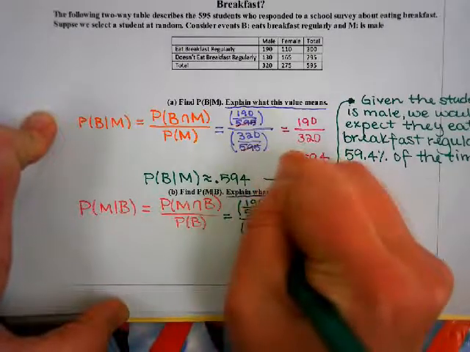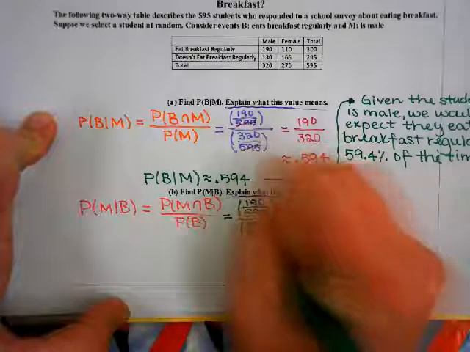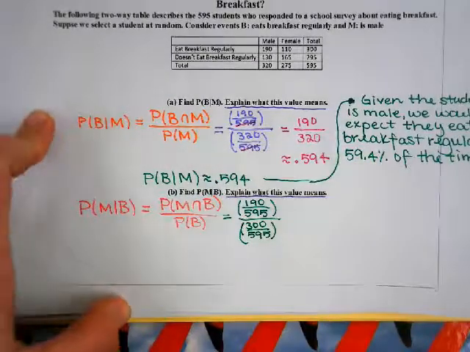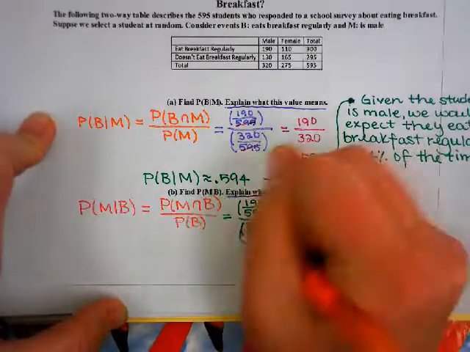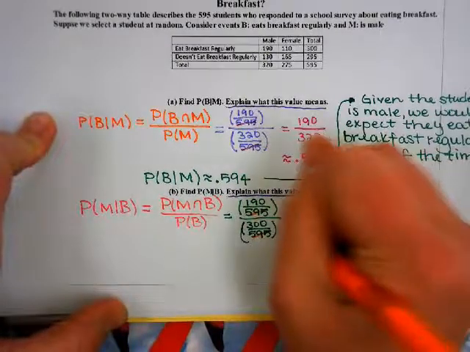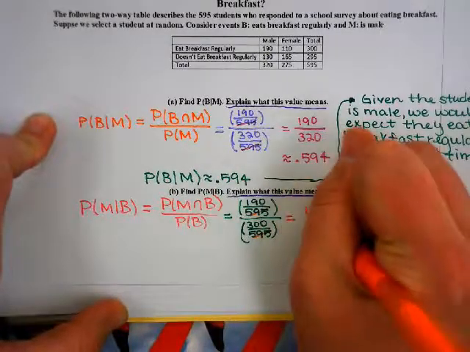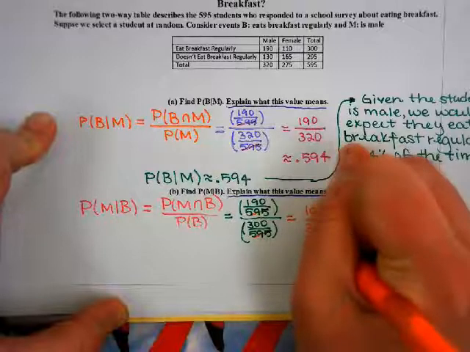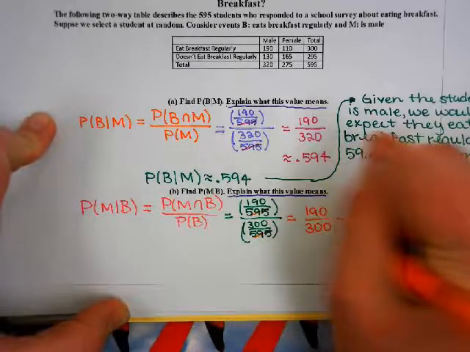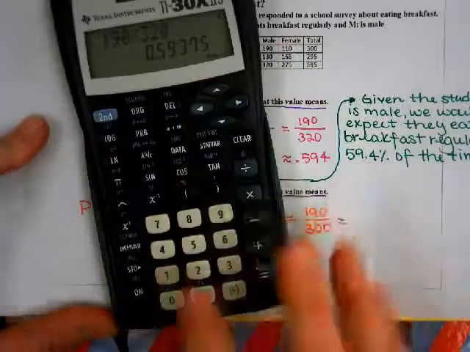Our denominators cancel out, and we get 190 over 300, which is approximately 0.63333.